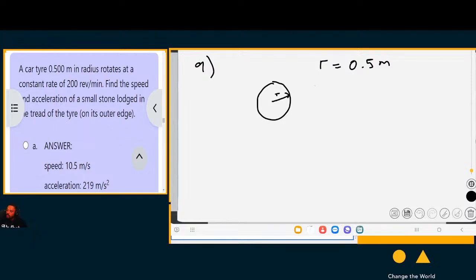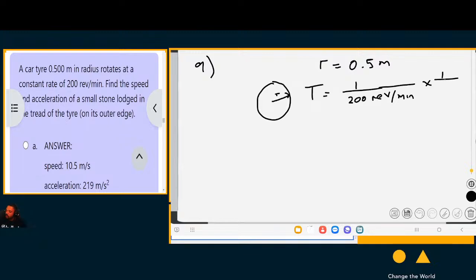So we can work out the time. T is equal to 1/200 revolutions per minute. There's 200 revolutions per minute, which means our answer will be in minutes. But we don't want the answer in minutes, so how do we get rid of minutes?